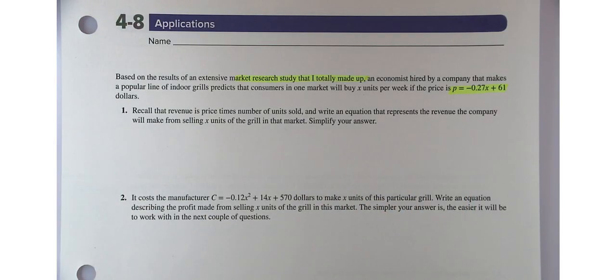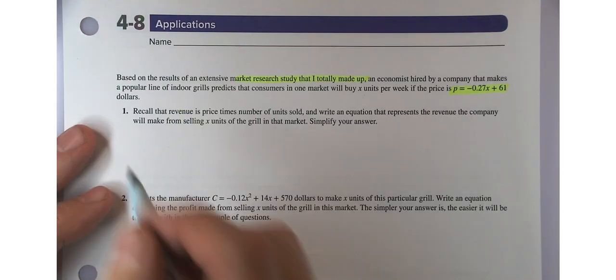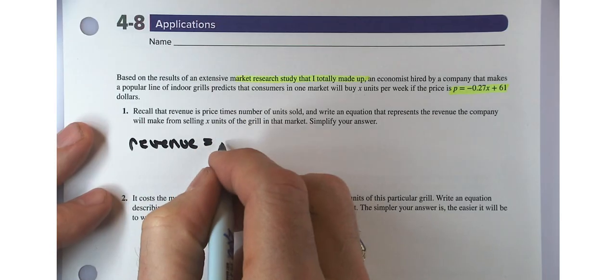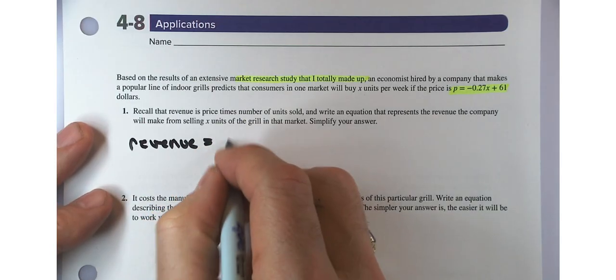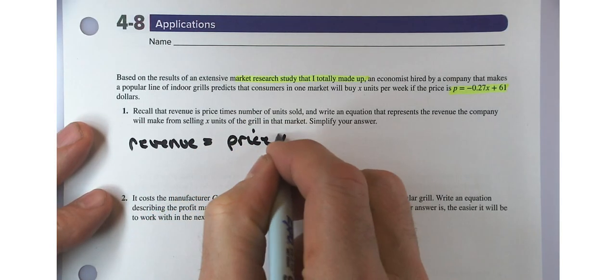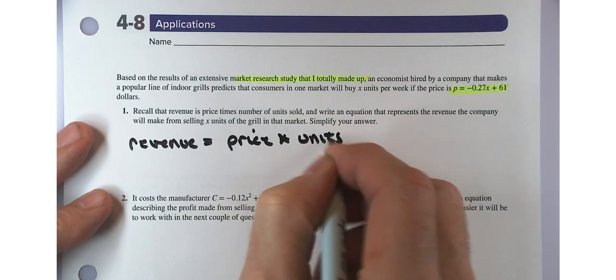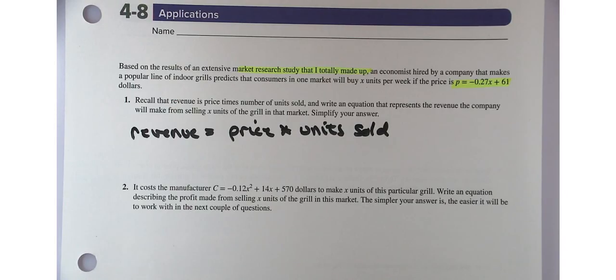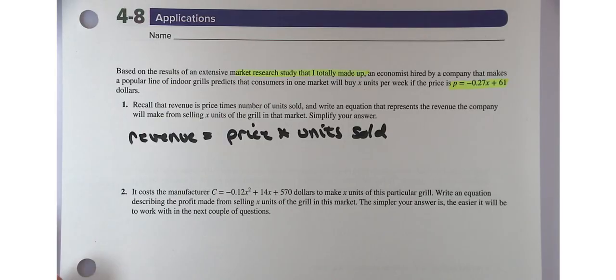So, all right, our revenue equals the price times units sold. Okay, looks good. Page 561, thank you. And let's see.